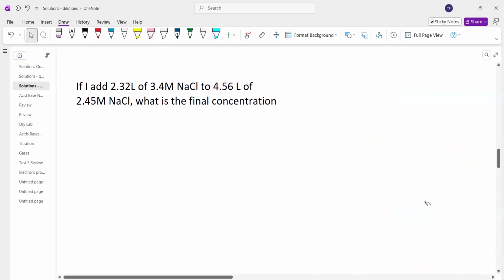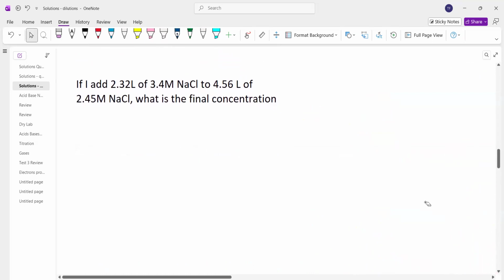Okay, so I'm going to do another problem. It's going to be a little different. We're going to take 2 solutions and dump them together, and I'm going to figure out the final concentration. So you have 2 solutions of, let's say, salt.